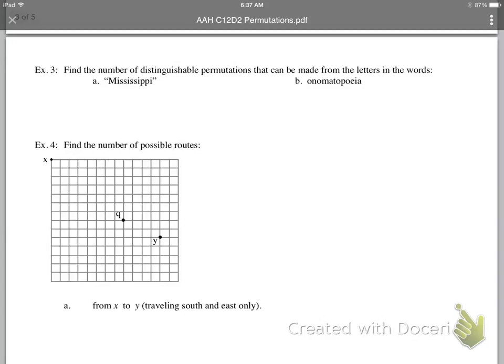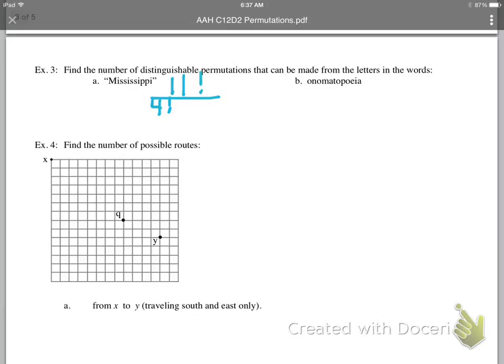Okay, so I'm looking at Mississippi and realizing there are 11 letters, so I'm going to write that as 11 factorial, 11 times 10 times 9 times 8 times 7 times 6, and so on, divided by, okay, the S's are repeating, and there are 4 S's, so I have to take those away.